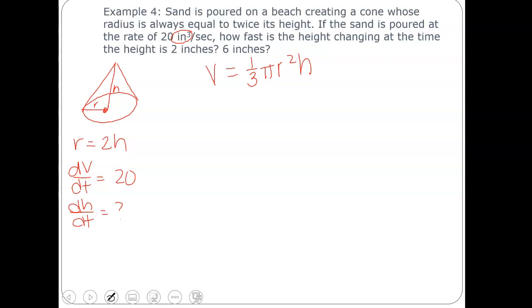Now, we took the derivative of a cylinder, and what happened? We end up with dr dt and dh dt, right? What's the problem with having dr dt in my derivative today? I don't know it, and I can't find it.